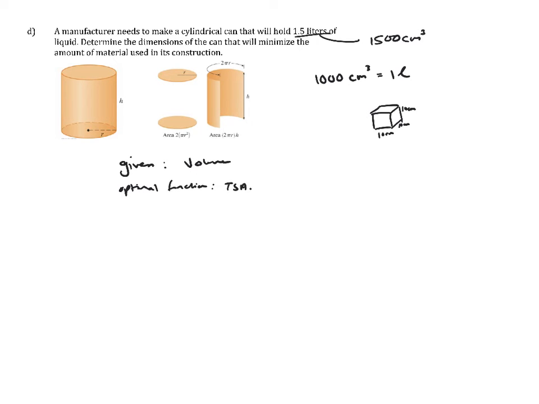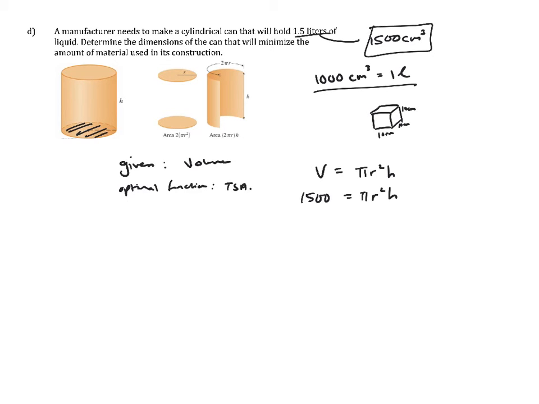Okay, so let's look at this. The volume is equal to 1,500 cubic centimeters. How would you find the volume of a cylinder? That is of course the area of the base times the height. So it's pi radius squared times h. So the volume is 1,500 is equal to pi r squared h.